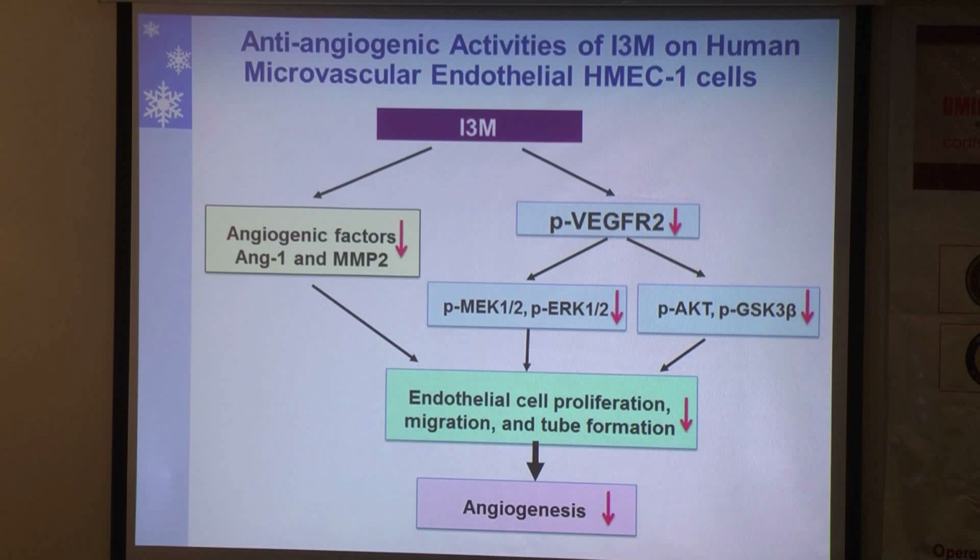And then subsequently, there's a reduction in the so-called pAKT pathway, as well as the MEK kinase pathway, MEK, ERK, etc. And finally, we observe a suppression of endothelial cell proliferation, and also a reduction in the migration of the endothelial cell, as well as in capillary formation. All this will be reduced in vitro. And therefore, we observe the ability of I3M to inhibit angiogenesis in vitro.